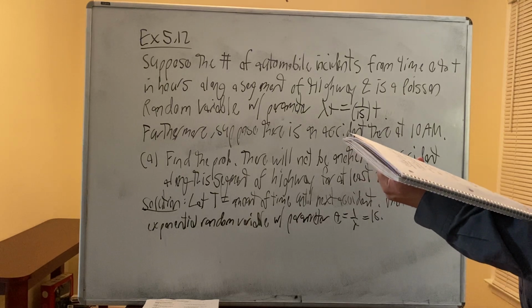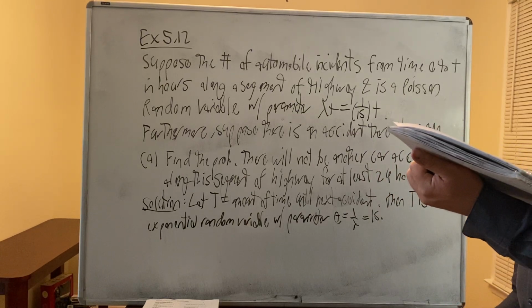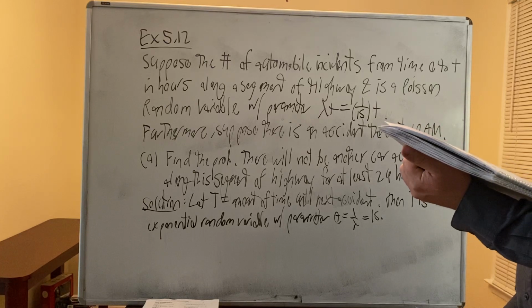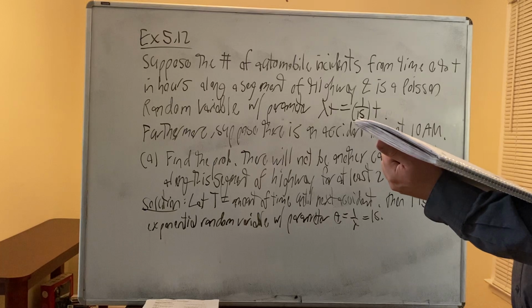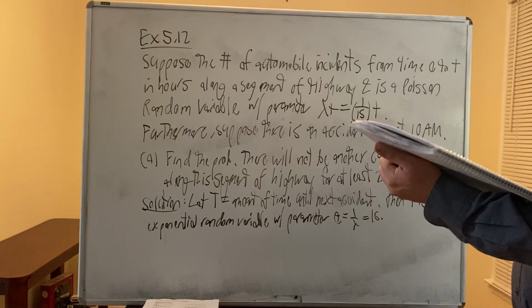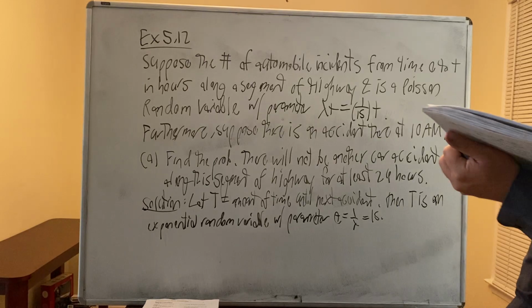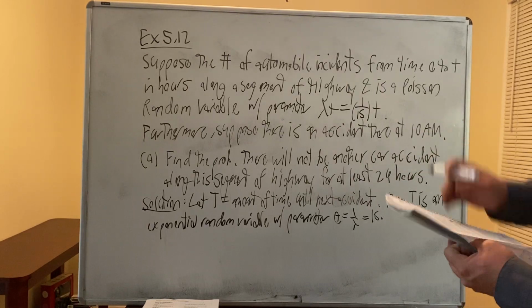So condition 1 was: if the random variable X sub t that represents the total number of occurrences of the phenomenon from time 0 to any given time t is a Poisson random variable with parameter lambda t, then the waiting time until the first occurrence is an exponential random variable with parameter theta equals 1 over lambda. That's what happens here.